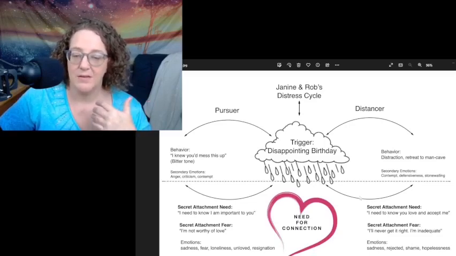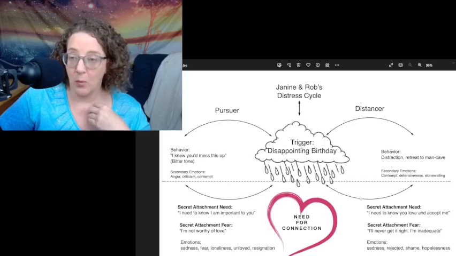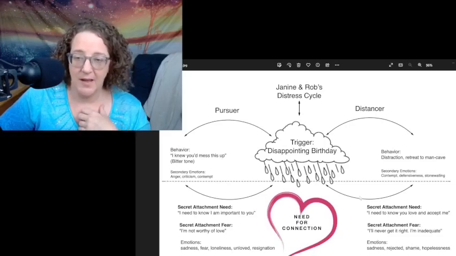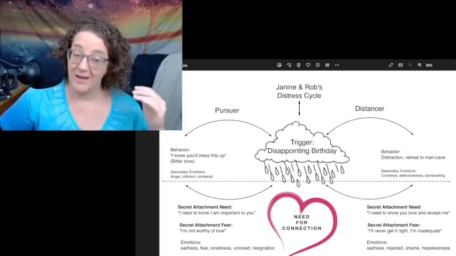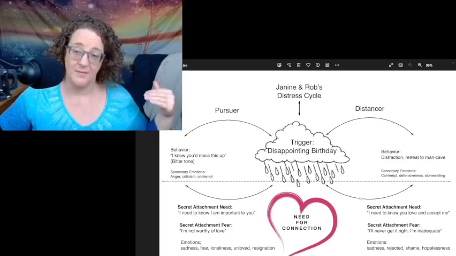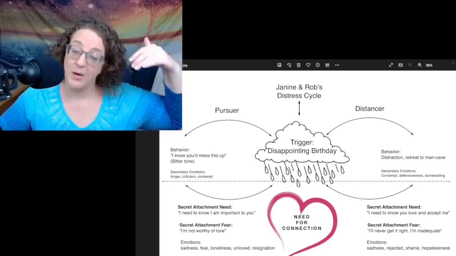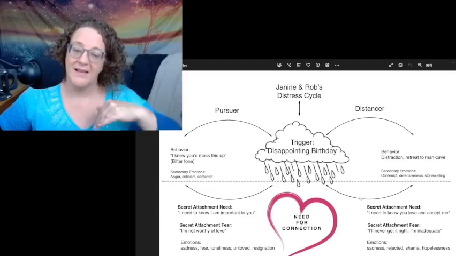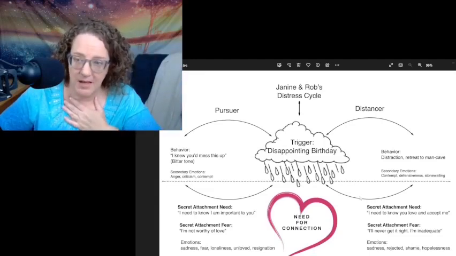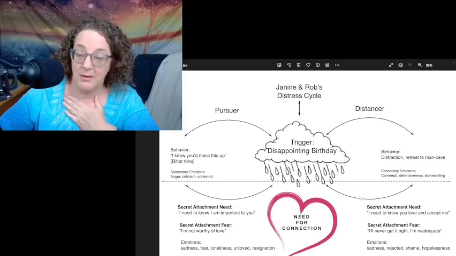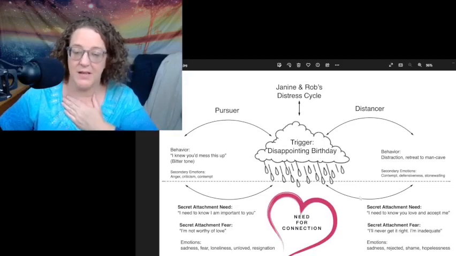And then there's an attachment fear, which gets into the attachment language, which I'll talk about in just a second, which is I'm not worthy of being loved. And they are getting that not from the lower stuff on the right-hand side of the page. They're getting that from the part they can see. But it's, I'm not worthy of love. That's like, catch your breath, that's going to take your breath away.